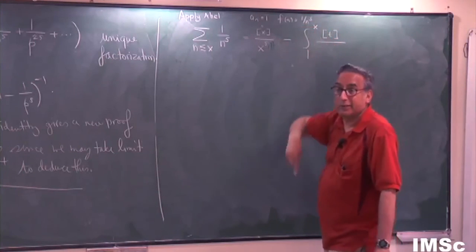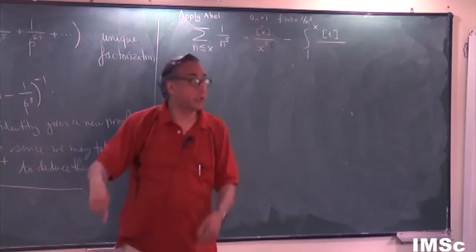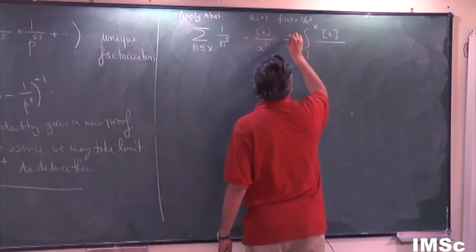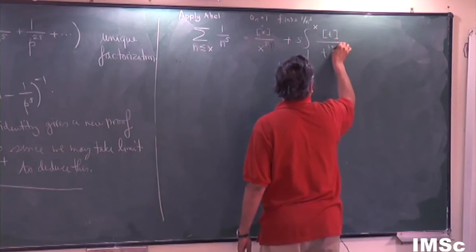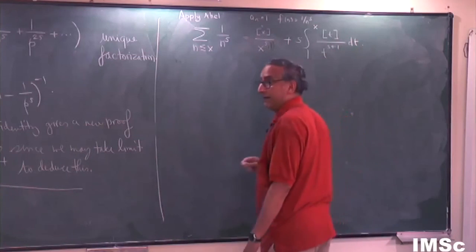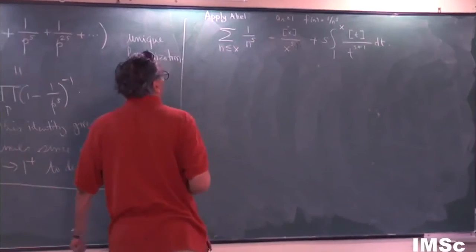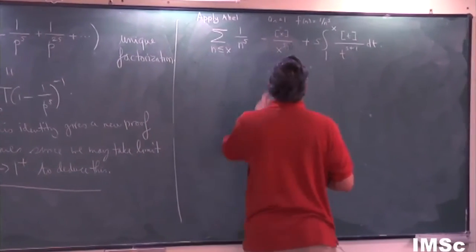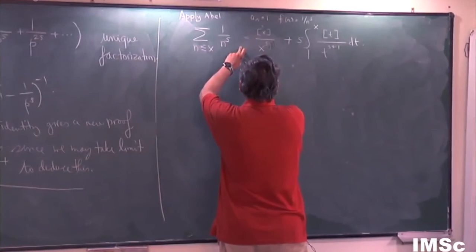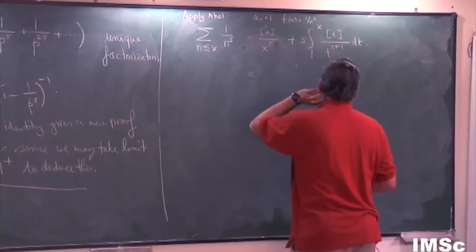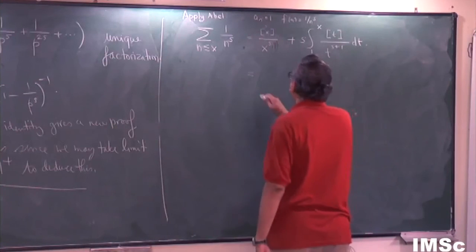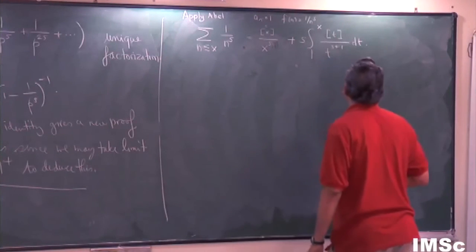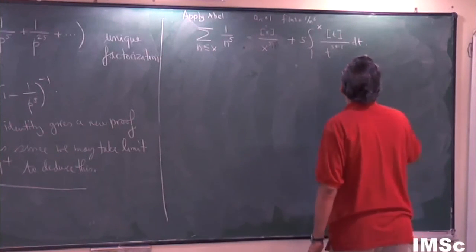What is the derivative of t to the minus s? It's minus s, and t to the s plus 1, right? Fair enough? Okay. And then we will play the same game as before. Well, let's not play the game just quite yet.